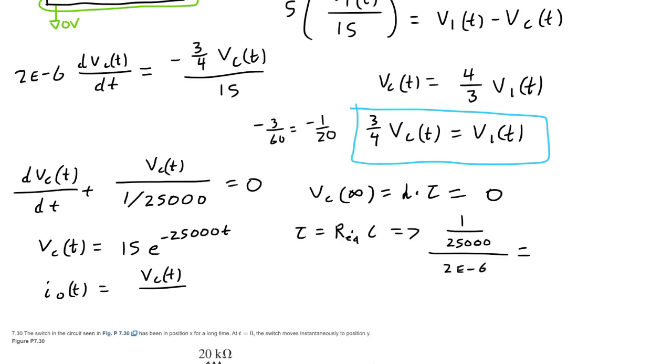That's going to be 20. So the R equivalent is 20 ohms. So that's going to be a quarter e to the minus 25,000 t amperes.